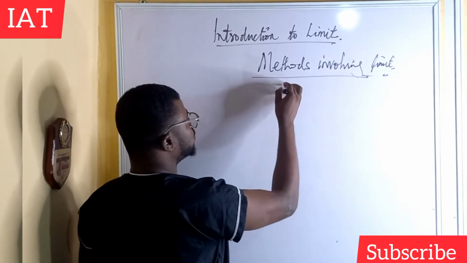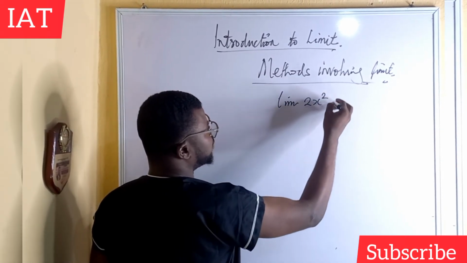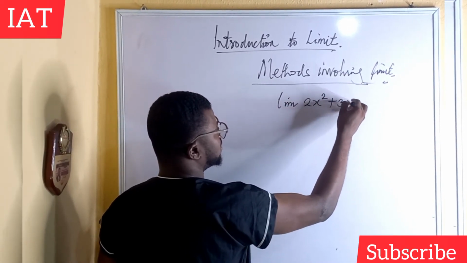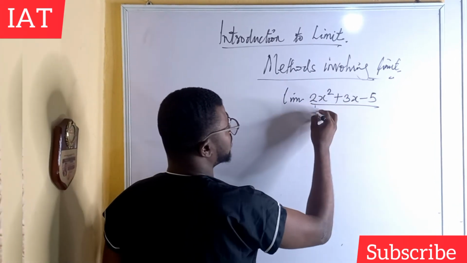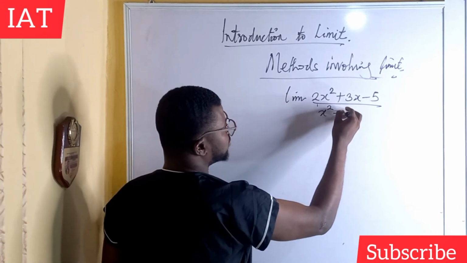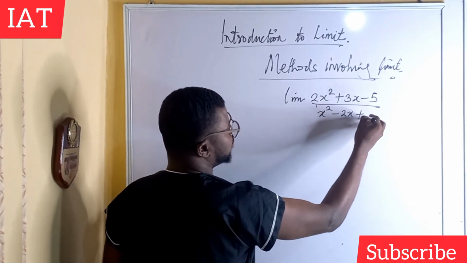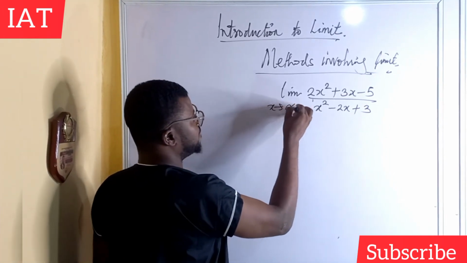I would like to introduce (2x squared plus 3x minus 5) over (x squared minus 2x plus 3) as x tends to infinity.